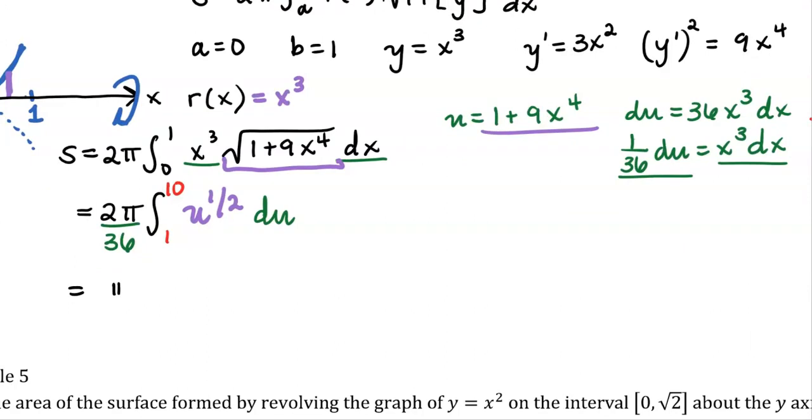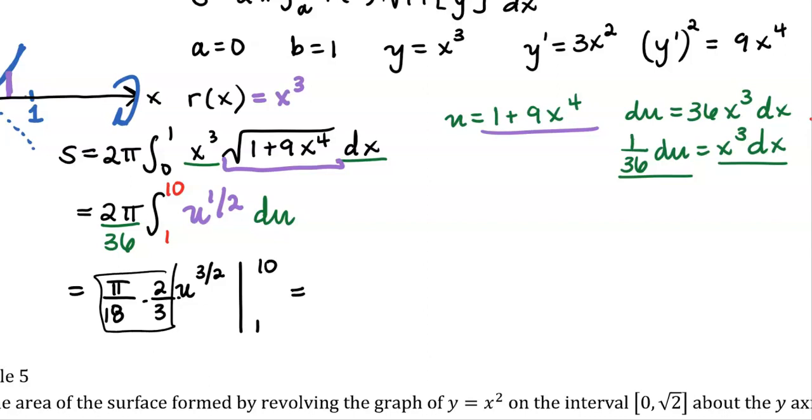I'll keep this pi over 18, just simplifying the 2 and the 36 there. Integrating u to the 1/2, the exponent goes up to 3/2, divide by 3/2, so we're multiplying by 2/3, and we will evaluate this from 1 to 10. I'm going to simplify this first. So 2 becomes a 1 and 18 becomes a 9.